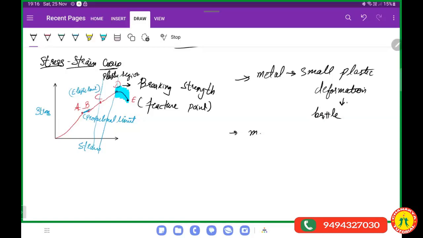Next, metals with large plastic deformation, they are ductile metals.